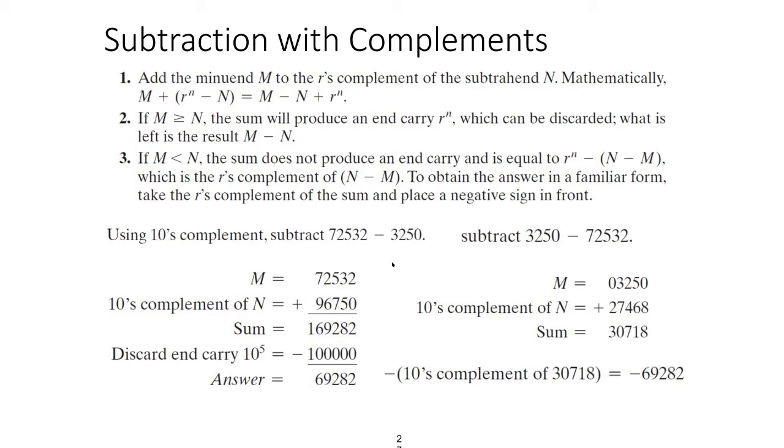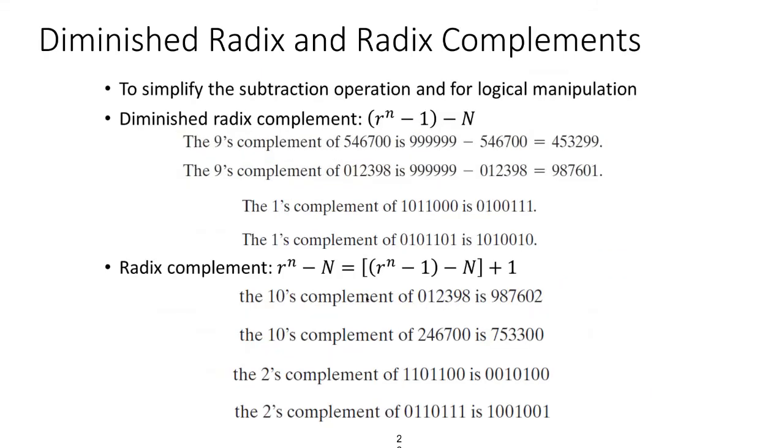So the first one, where the minuend is either greater than or equal to the subtrahend. Here's the minuend, here's the subtrahend, so here are the two numbers. First thing we do is get the complement, following the process done on the previous page.